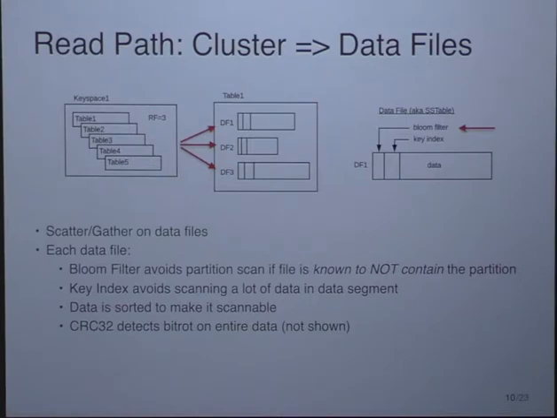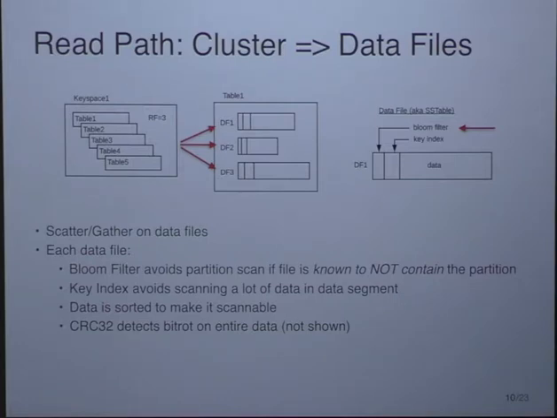The key index makes it so that when, let's say, the Bloom filter says maybe, instead of trying to walk the data file, doing like binary search or something like that, the key index will say, this record is approximately at this location in the data file.